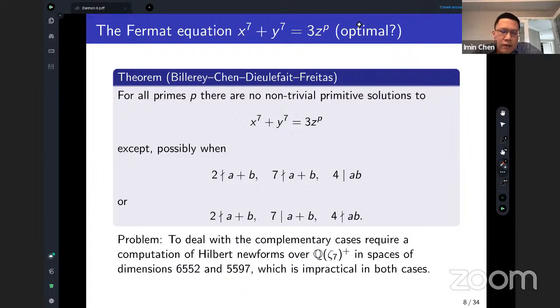And that's, in this particular case, about twice as big. And computing the space of cusp forms, typically the Hecke operators are sparse. However, once you go to the new space, that's where the sparseness is lost. And so even at dimensions around this size, at least with computers that are available to us, it is actually impractical to carry out the proof.